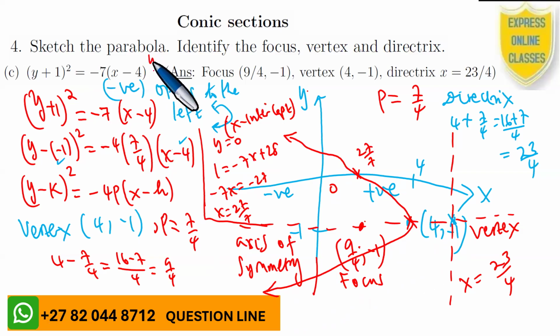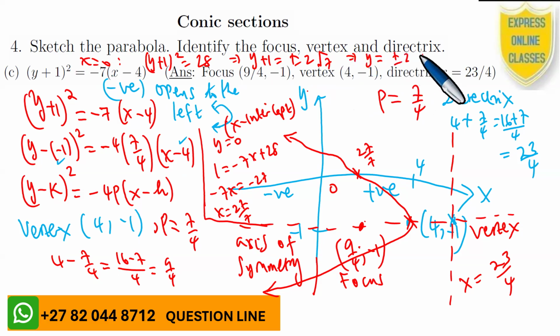Then you're going to have y plus 1 squared when x is 0, then this is 28. Y plus 1 is plus or minus 2 square root of 7, so plus or minus 2 square root of 7 minus 1.